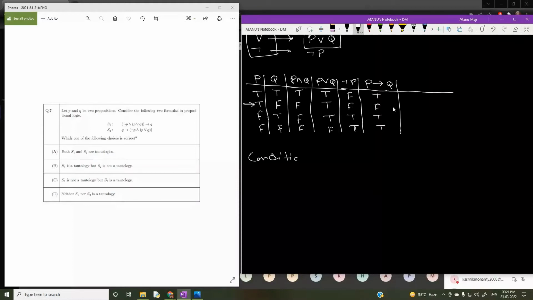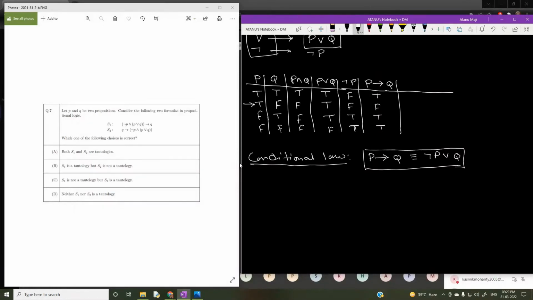You can make a note of that. What is the conditional law? P implies Q is equivalent to negation of P disjunction Q. That's a very useful law. By using that, we can convert the operator implies or conditional into our basic form, with respect to negation and disjunction.